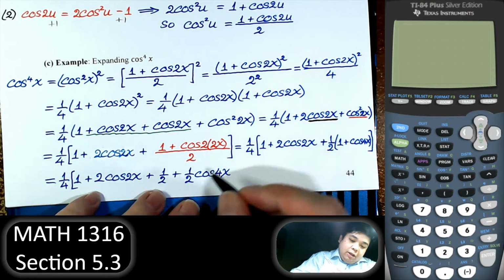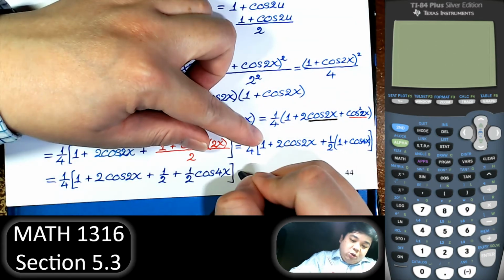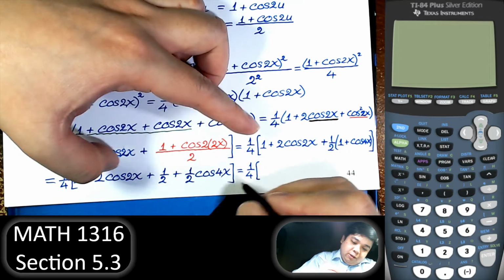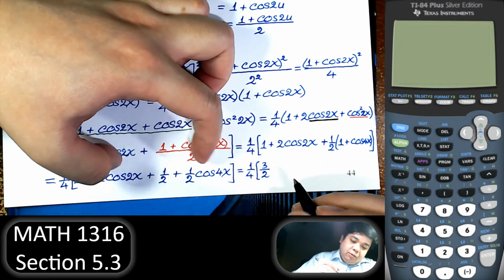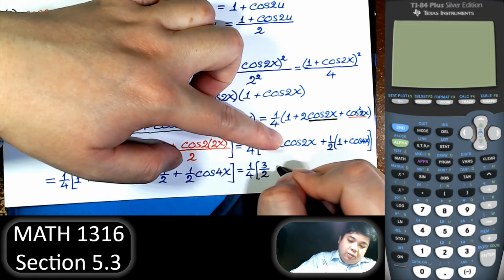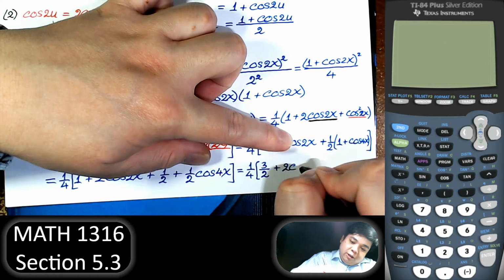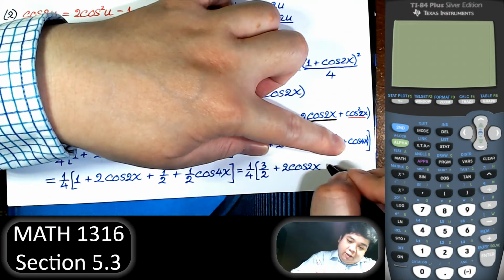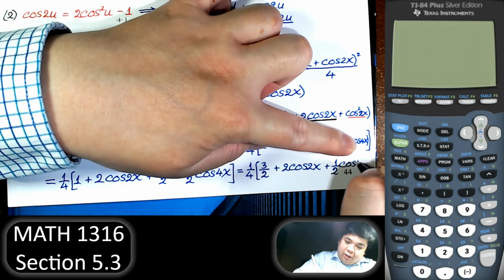Right. Combine like terms 1 and 1/2, that's 3/2. And then we have 2 cosine of 2x and then 1/2 cosine of 4x.